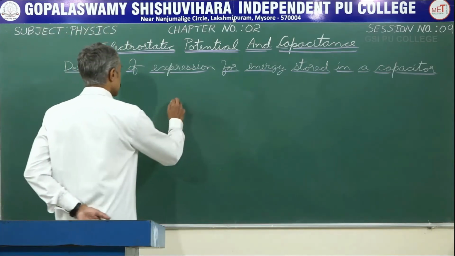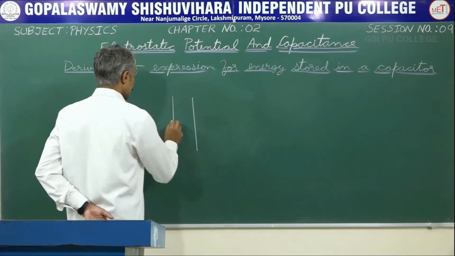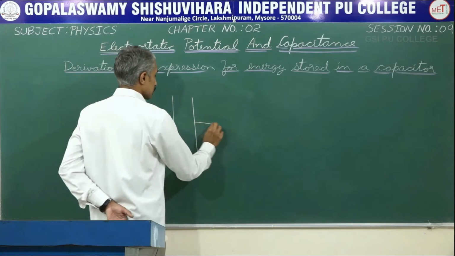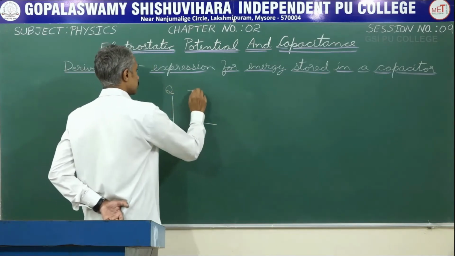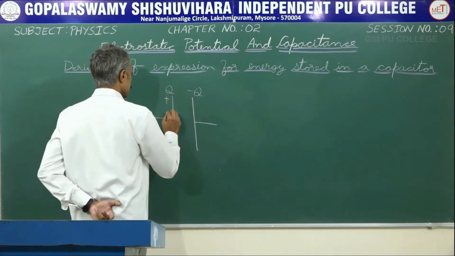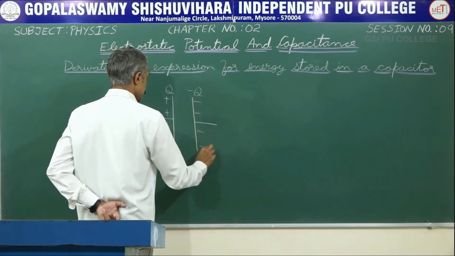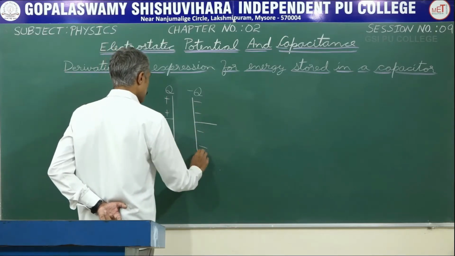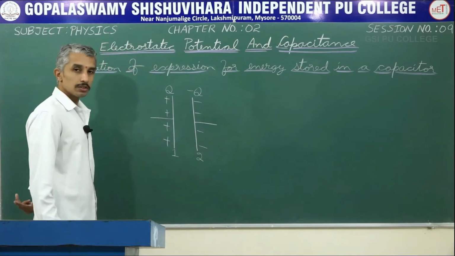So first, let me draw a capacitor which is charged to plus Q and minus Q on the plates, and this be plate 1 and plate 2. So it is fully charged.